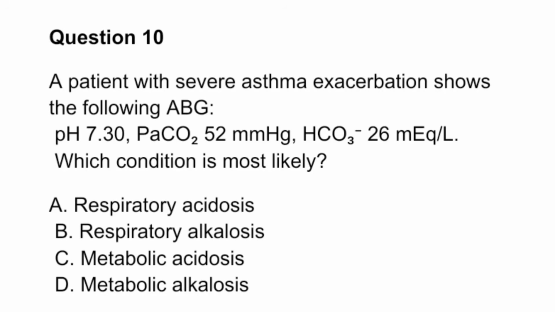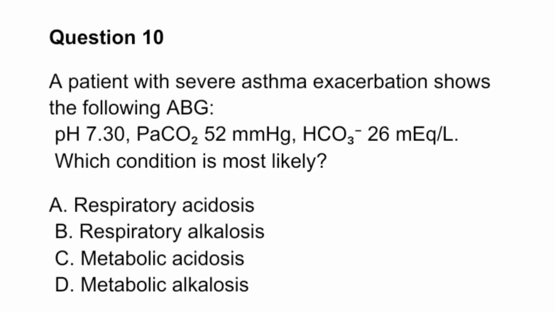Question 10. A patient with severe asthma exacerbation shows the following ABG: pH 7.30, PaCO2 52 mmHg, HCO3- 26 mEq/L. Which condition is most likely? A. Respiratory acidosis. B. Respiratory alkalosis.